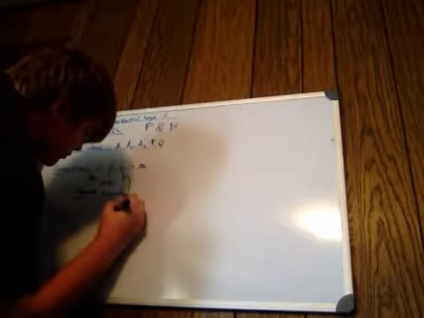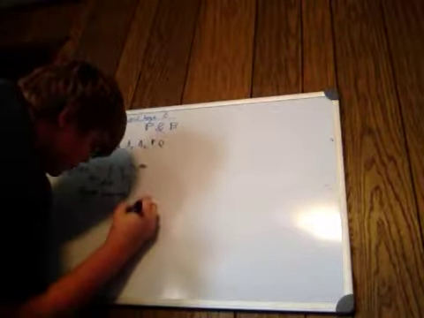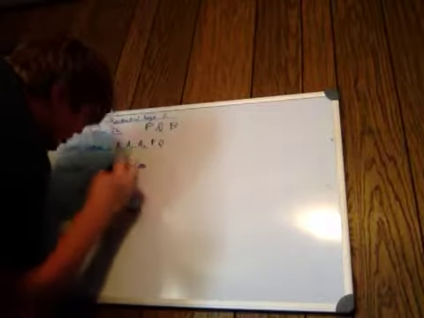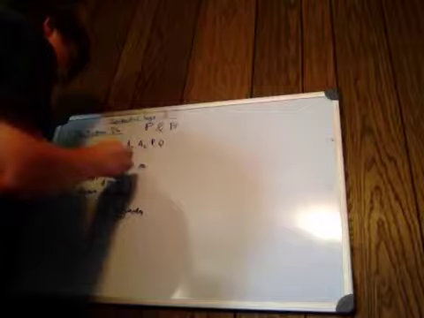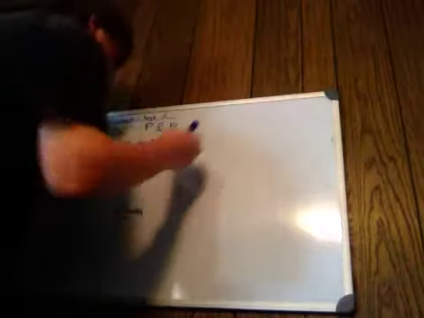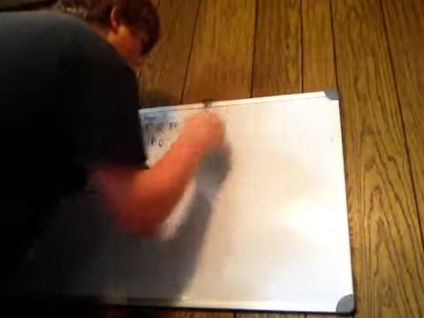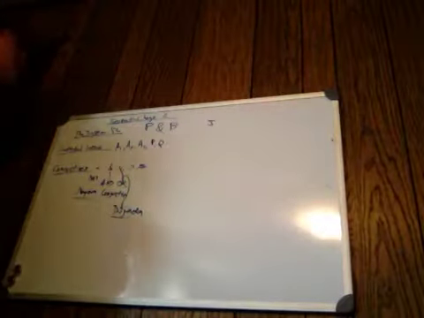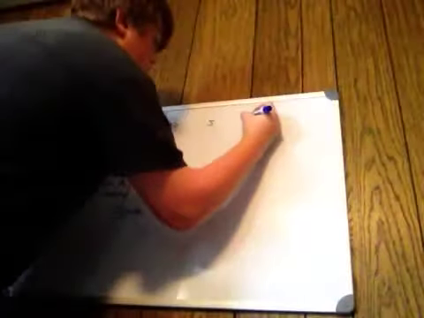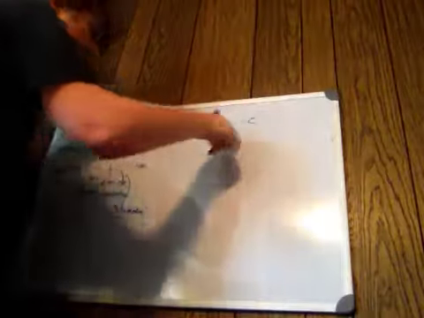Next we have disjunction, which this little wedge here, this little V, stands for or. So let's say we have this J, which stands for Jim will win the election, and then we have C, which stands for Chuck will win the election.